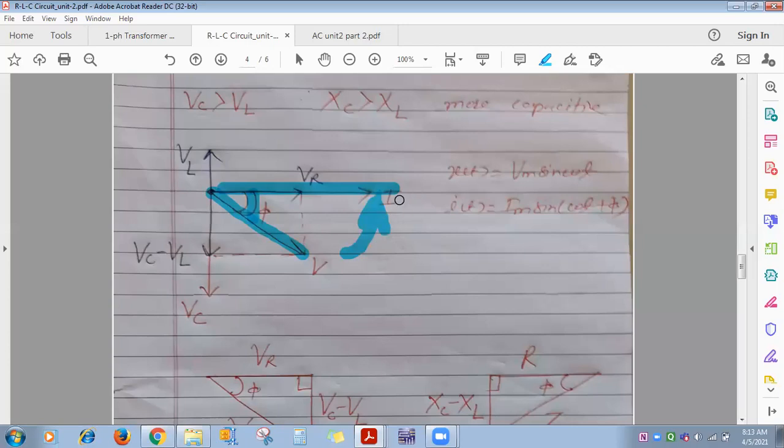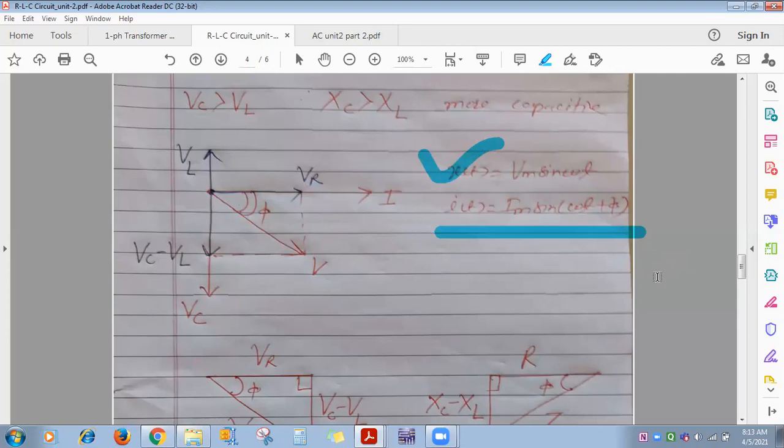So you can find current is in the anti-clockwise direction with voltage and the phase difference is phi. That's why current leads voltage. So current leads, that's why plus sign here, and by an angle phi, that's why plus phi. Okay. So if the instantaneous voltage equation is v of t equals Vm sin omega t, the instantaneous current equation is i of t equals Im sin of (omega t plus phi).